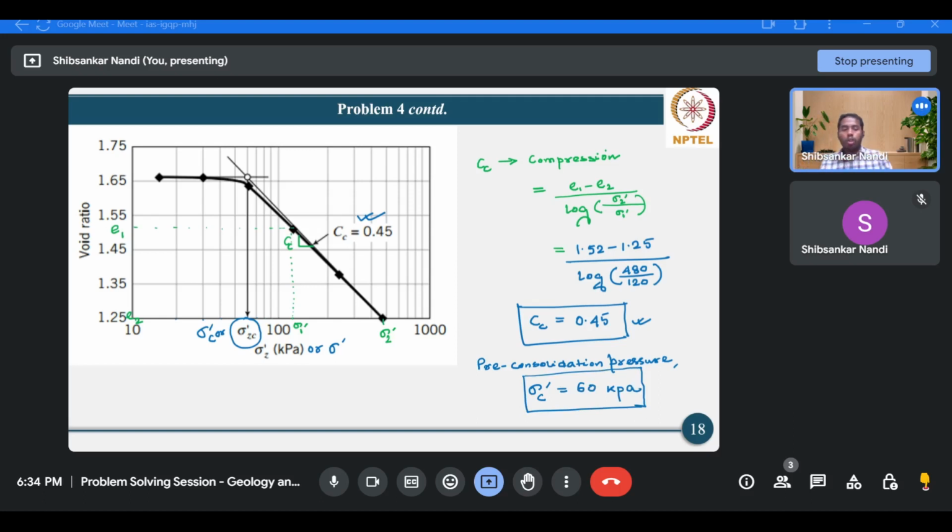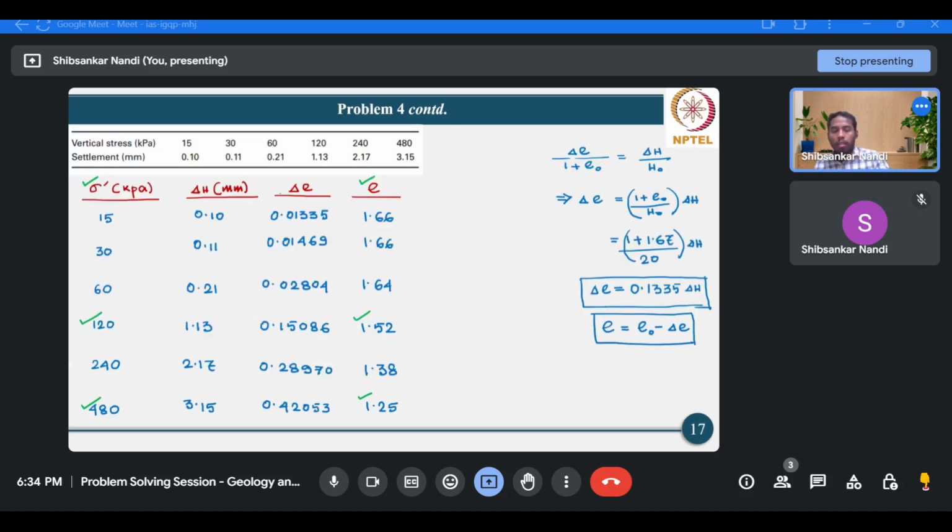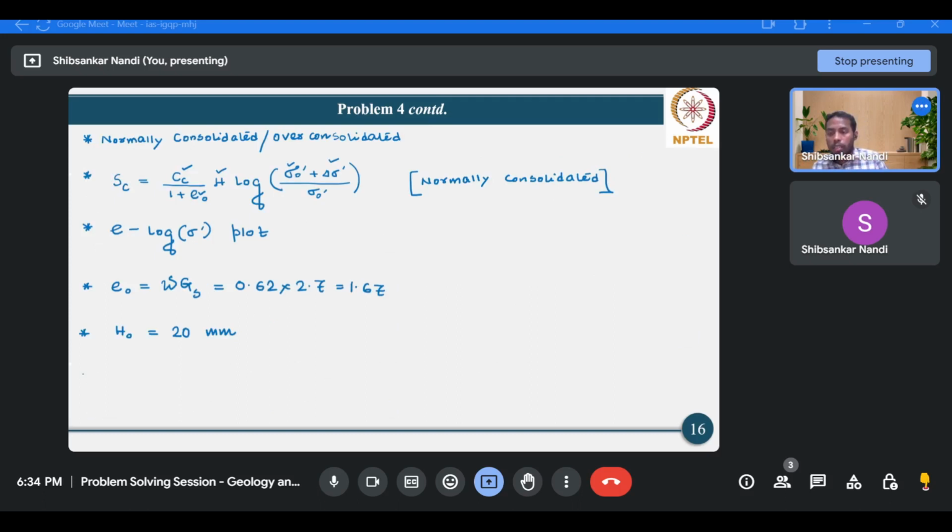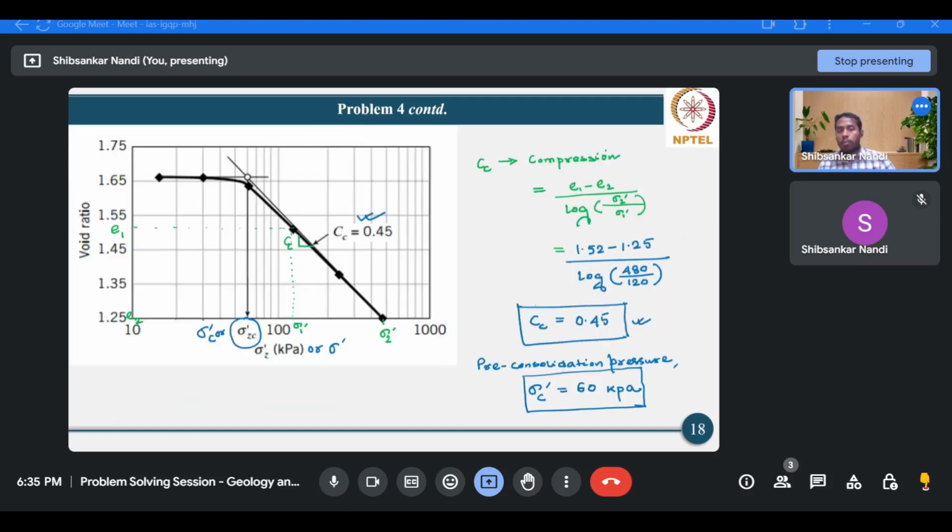Now our next job would be to find out the initial effective overburden pressure, that is sigma 0 prime. What is the value of sigma 0 prime? Because comparing the value of sigma 0 prime and sigma c prime, we will come to a conclusion about the consolidation type, normally or over consolidated.